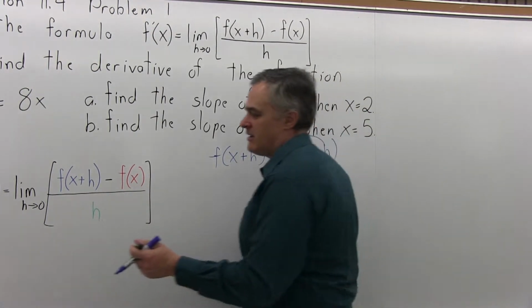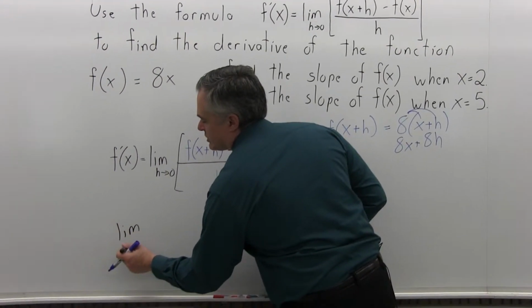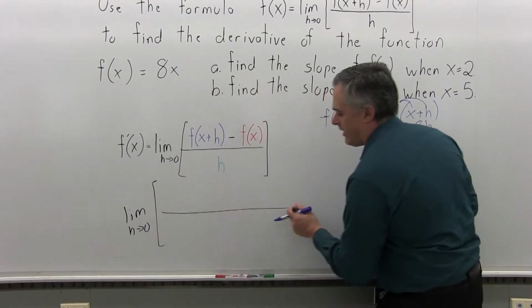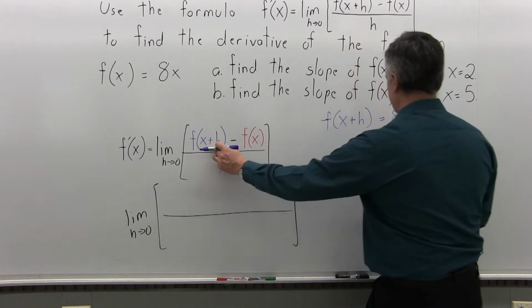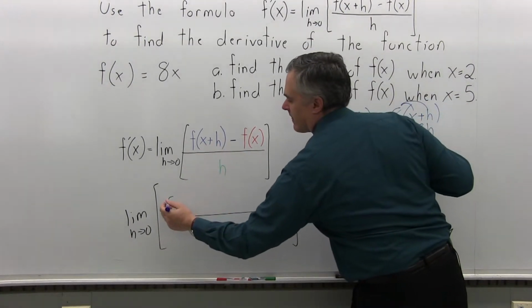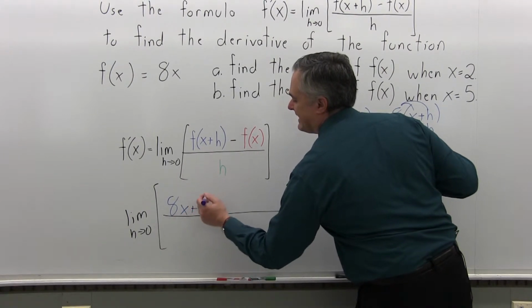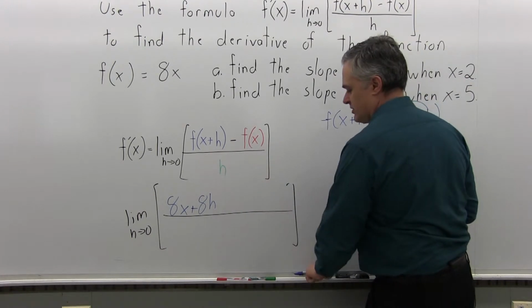So I want to take the limit as h approaches 0 of, first f of x plus h, which I did the work in blue, is 8x plus 8h. That's the result of my work for f of x plus h.